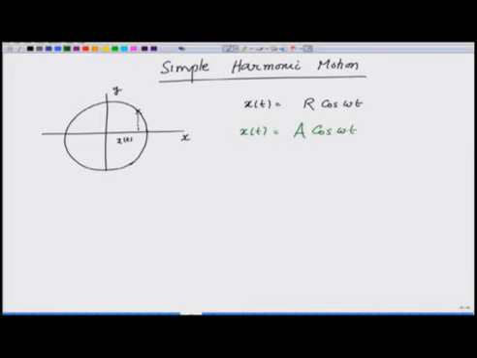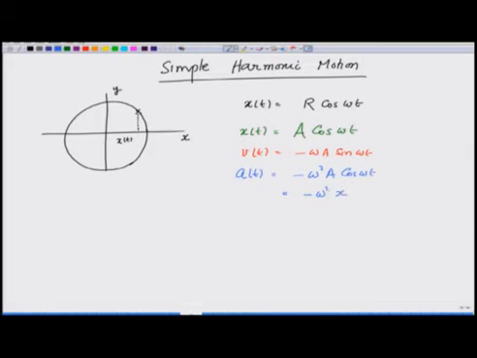The corresponding velocity v(t) is minus omega a sine of omega t, and the corresponding acceleration is minus omega square a cosine of omega t, which is nothing but minus omega square times x itself.